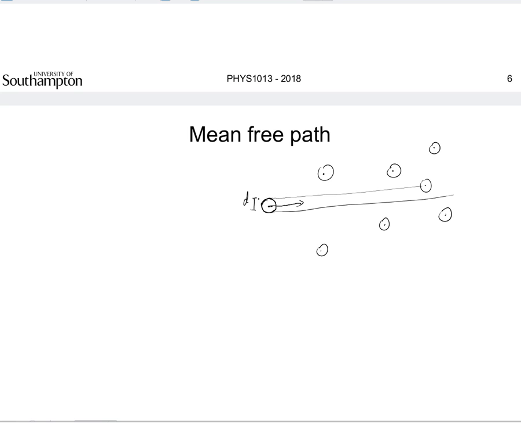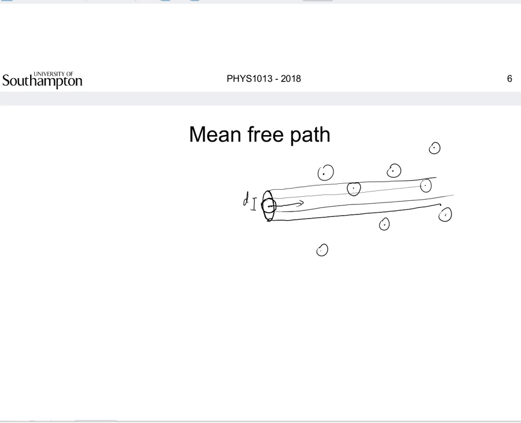And what you're going to find is that a molecule that is, for instance, here is going to collide, even though its center is out of the cylinder, because they're going to touch each other. So you have to construct a cylinder whose radius is actually the diameter of the particle, and any other particle whose center is within this radius is going to collide.